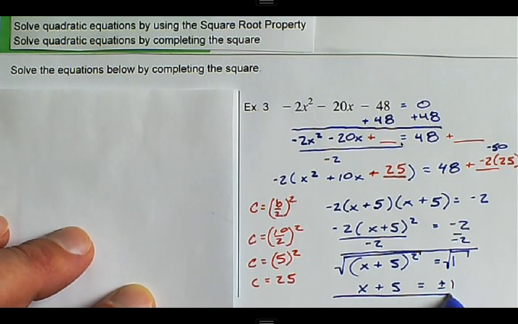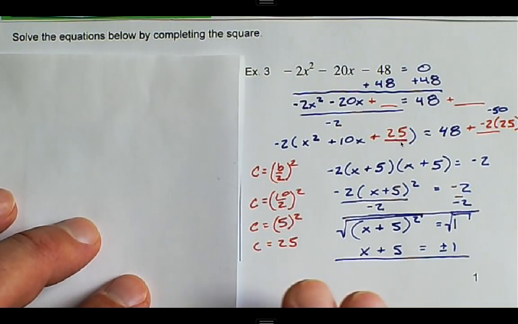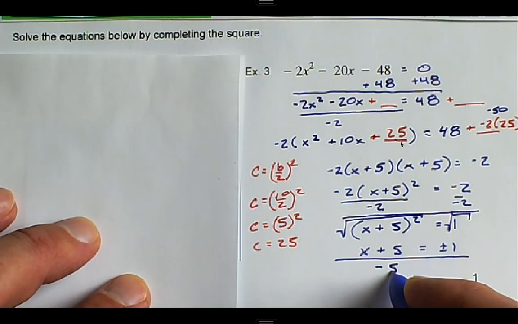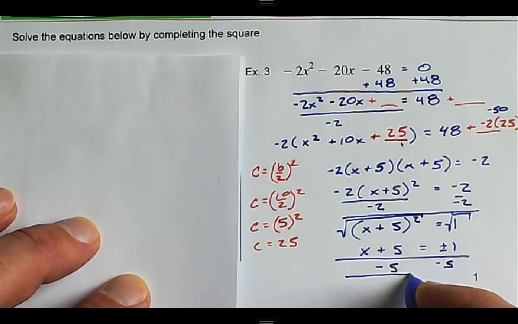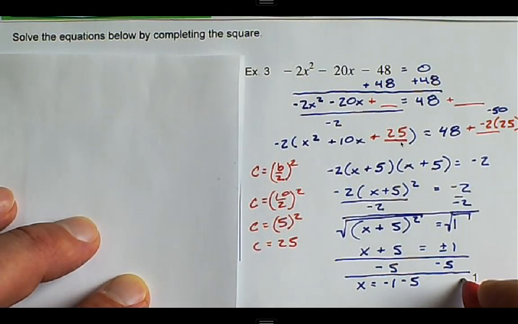And then at this point, we have to account for both the plus and the minus. So we subtract 5, and we get x is equal to -1 minus 5, and x is equal to, excuse me, plus 1 minus 5.